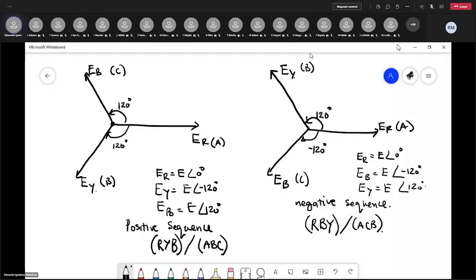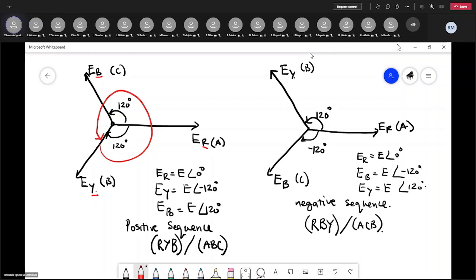Now, how does the sequence come about? If you were to rotate this phasor diagram counterclockwise, and we follow the chronology of the subscripts, you'd see that if I start at this point 0, I will have the red followed by the yellow, followed by the blue.